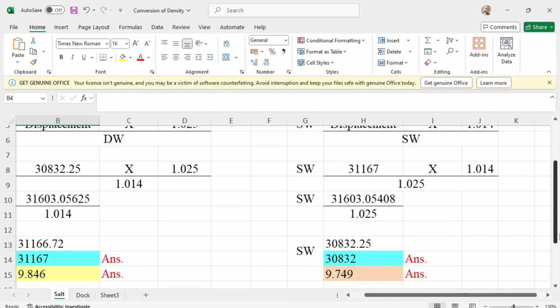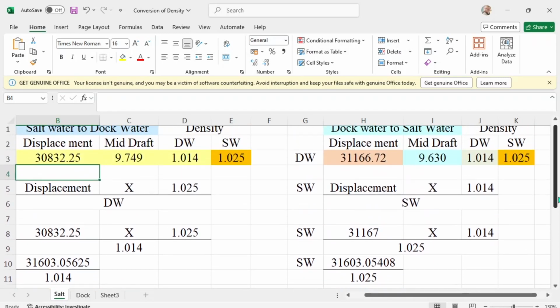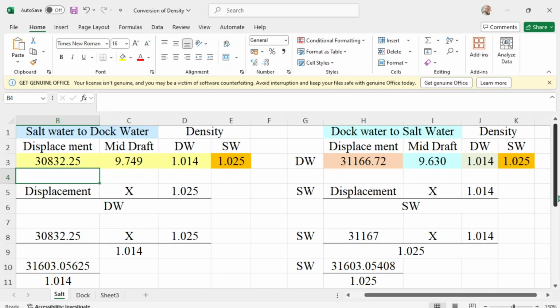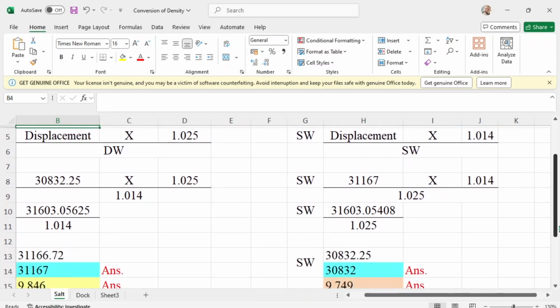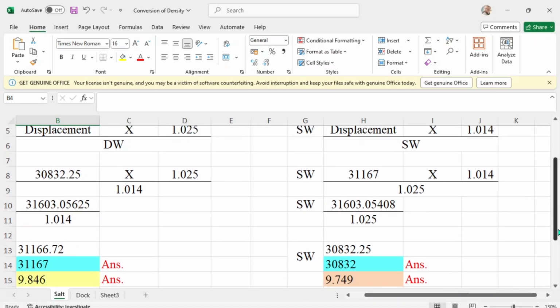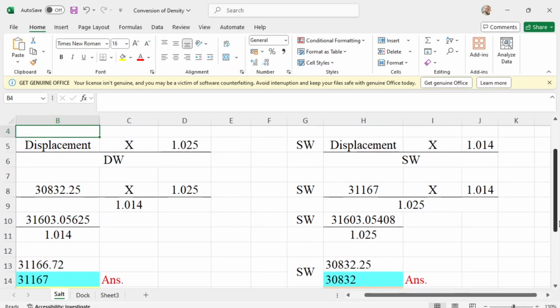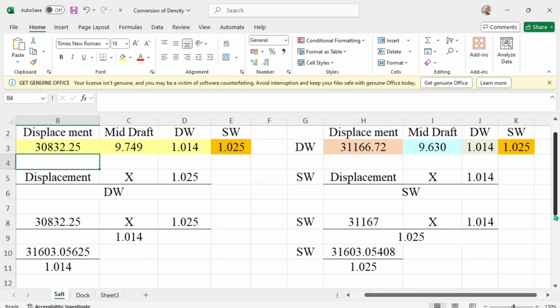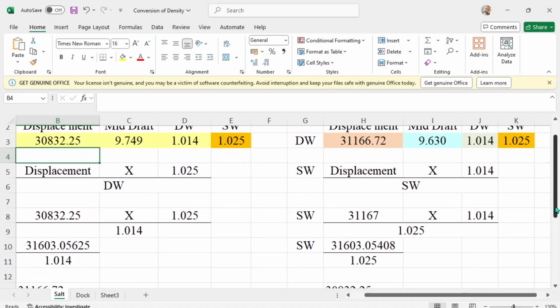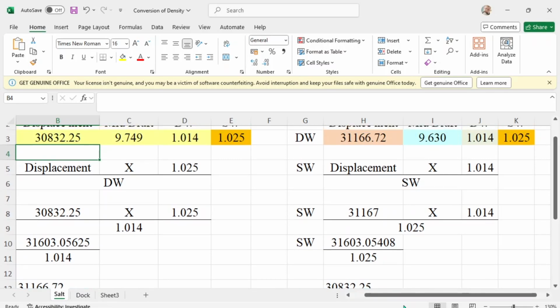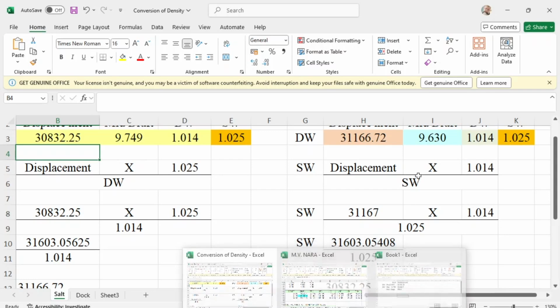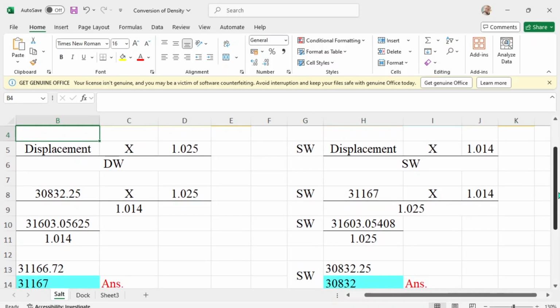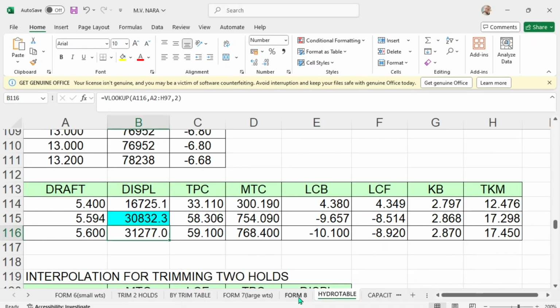That will be 30832.25. 30832. That will be 594.